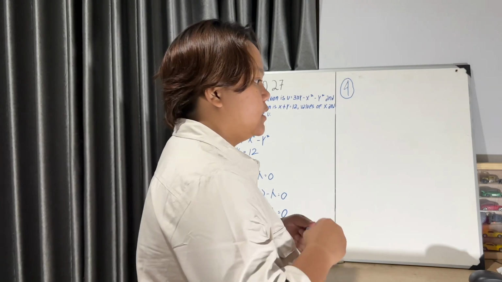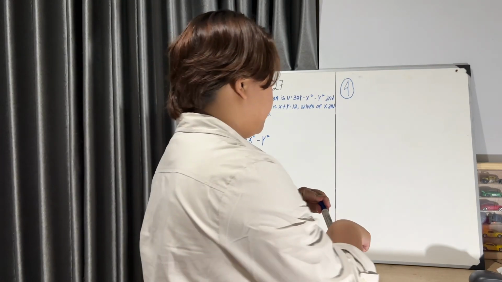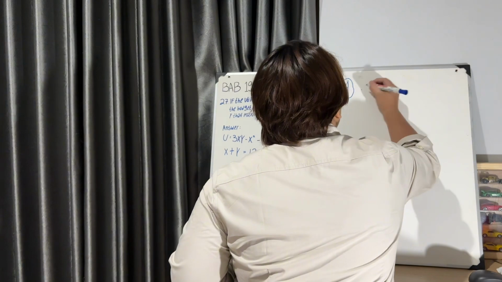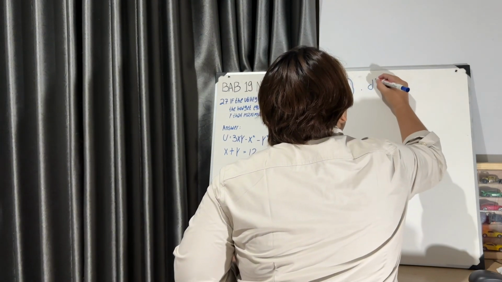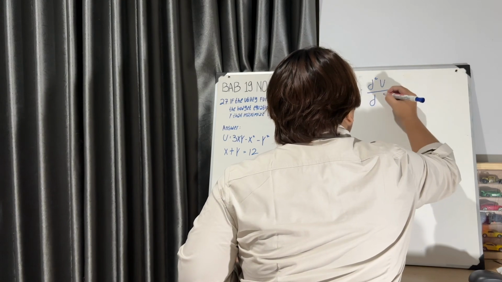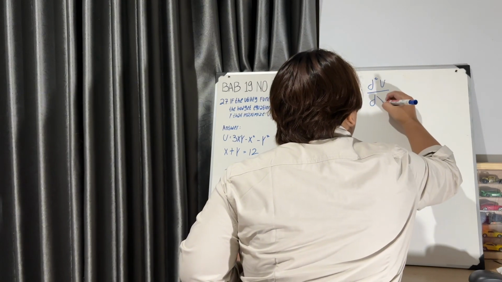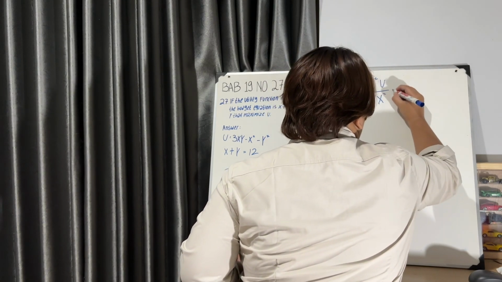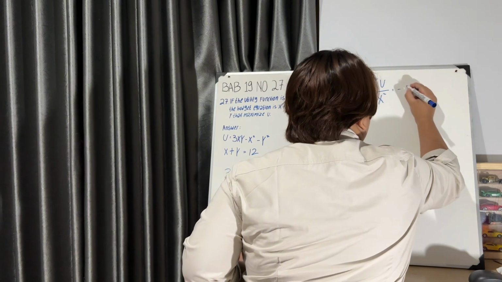And then next, take the second derivatives. Partial squared u over partial x squared is minus 2.